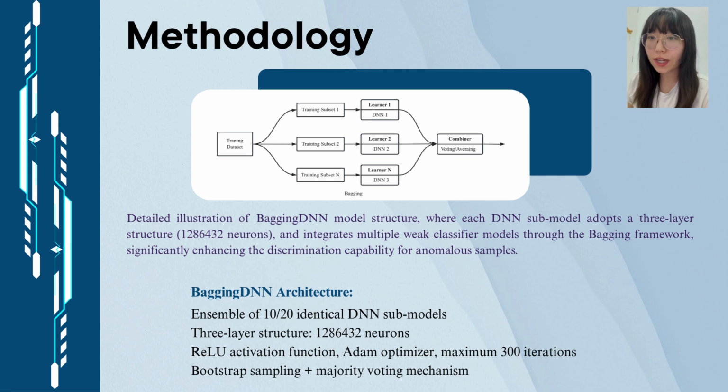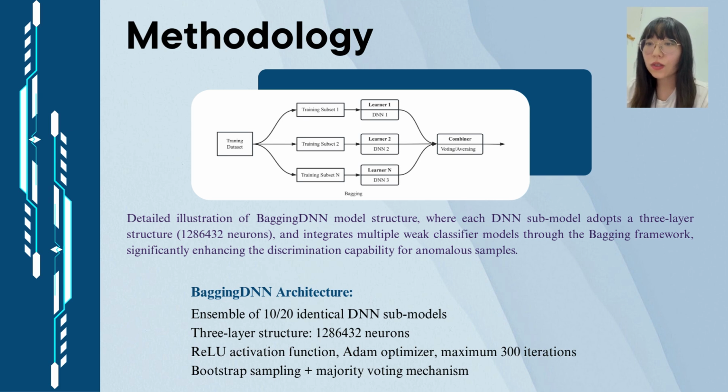For model construction, this research designed a Bayesian DNN model, which integrates multiple DNN submodels with the same structure. Each submodel has 3 layers with 128, 64, and 32 neurons, uses the ReLU activation function, and is trained for 300 epochs.